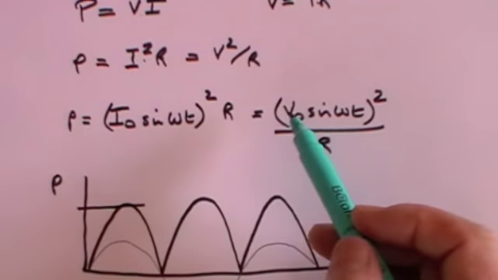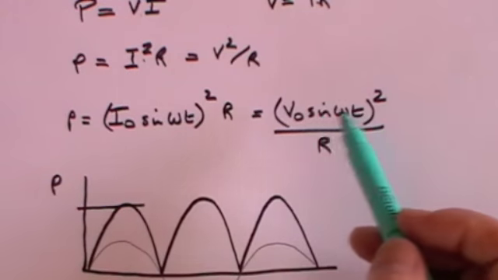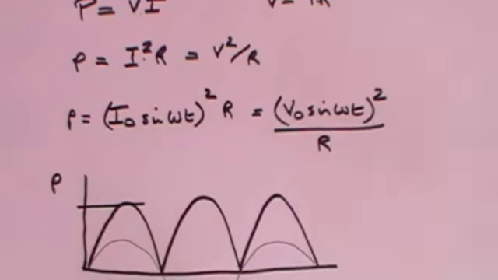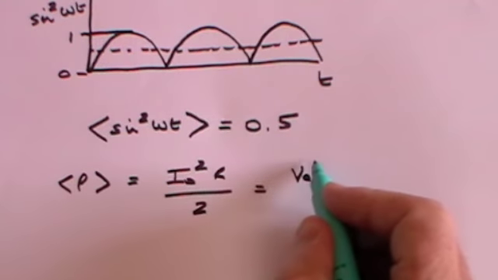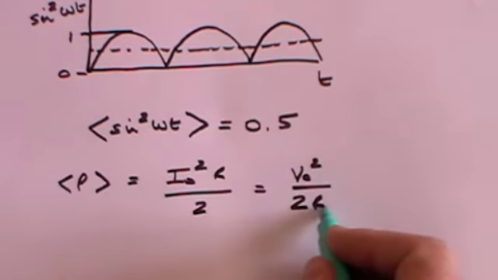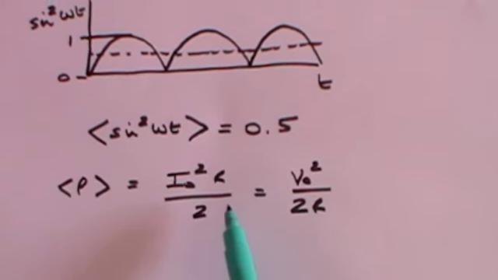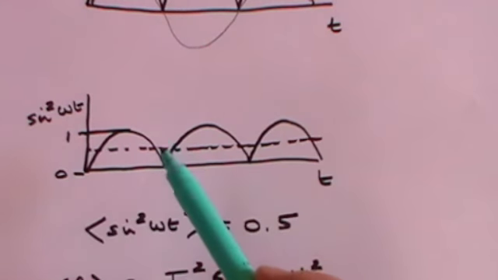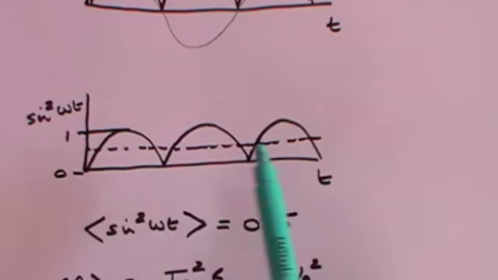Or we can simply say here that the average value of power is going to be V naught squared over R times the average value of that, which is a half. So this is going to be equal to V naught squared over 2R. So that's the average power that you get out of an alternating current circuit. The actual power is constantly varying, but on average you get half of the sine term.